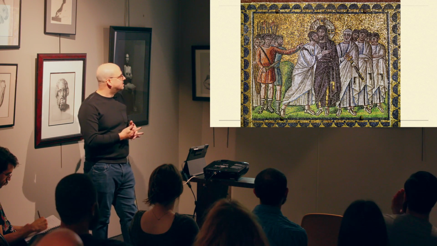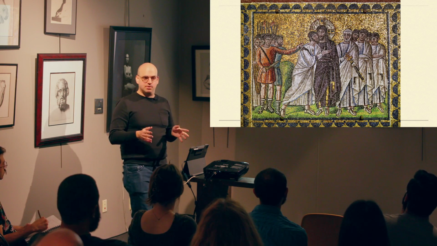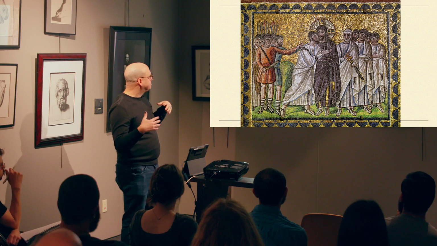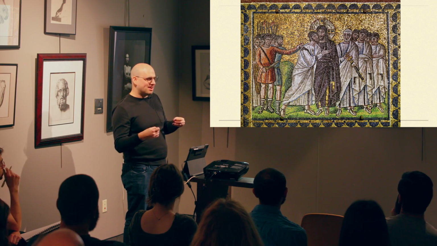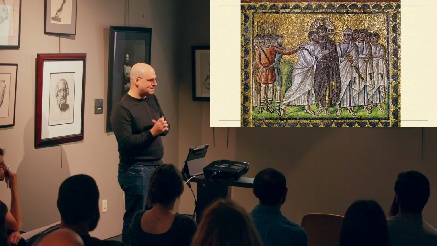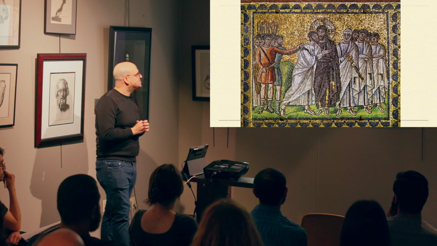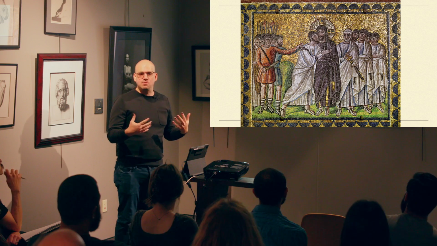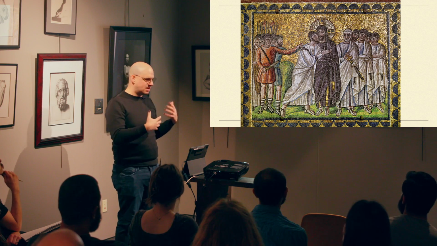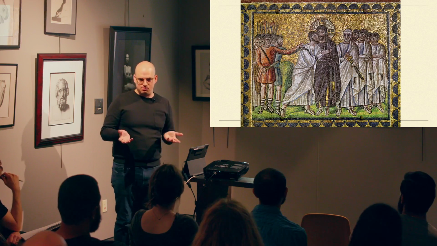In this time period, mosaics are very popular. Julius the First, I hope I'm getting that right, or Julian, I might be getting that wrong, is trying to basically resurrect the great Rome. And of course, when we think of Rome, we think of mosaics, decorated palaces throughout Rome.